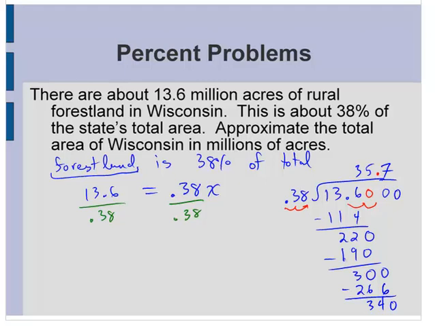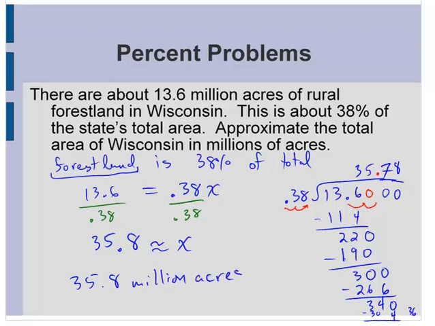And let's go one more. 38 into 340. Eight times. All right, let's see. That would give us 4, carrying the 6. And that would give us 36, which is too much. Okay, so 35.78. So x is approximately 35.8. So 35.8 million acres.